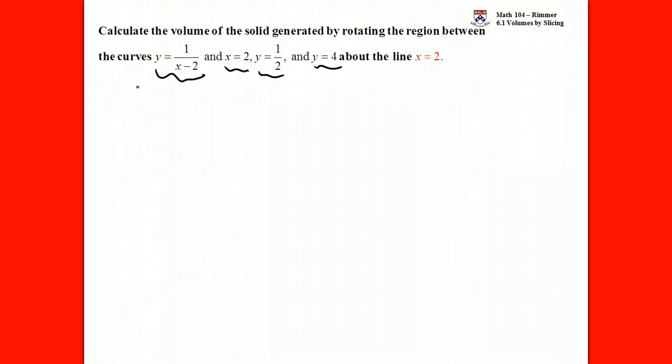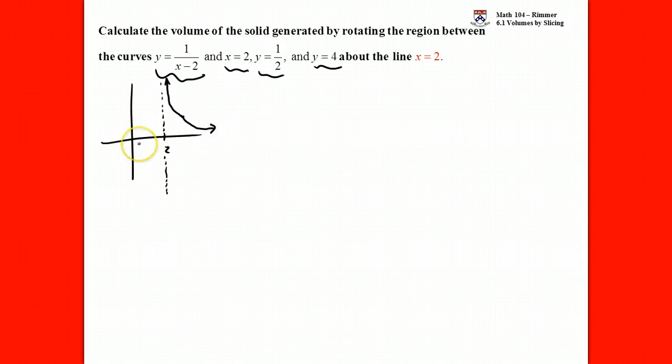If x is 2, you'll be discontinuous. And the function is going to look like, as you approach 2, it's going to get very large, and it's going to get smaller and smaller the further away you move from 2.